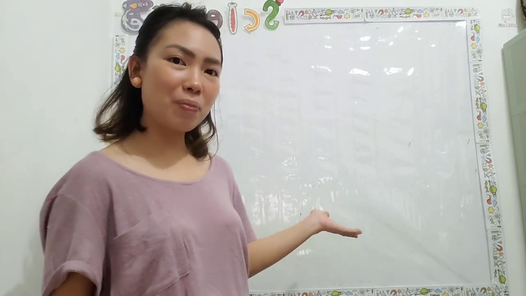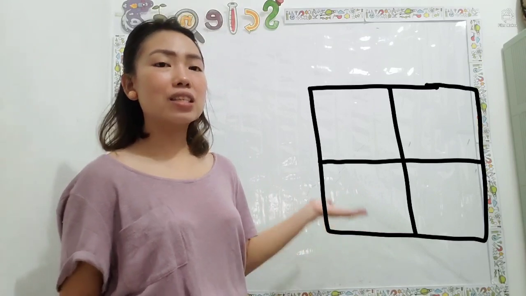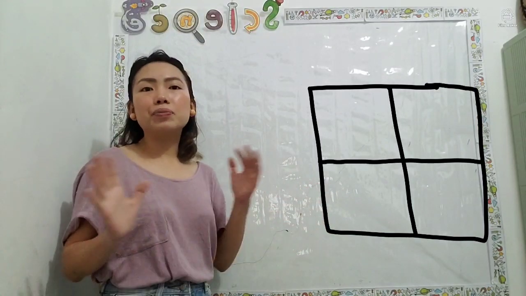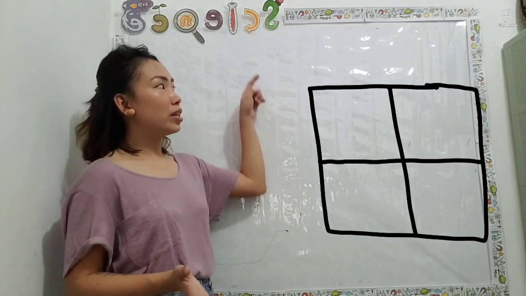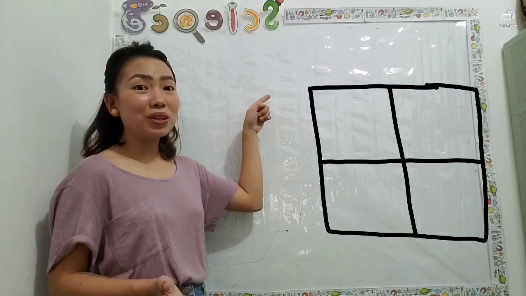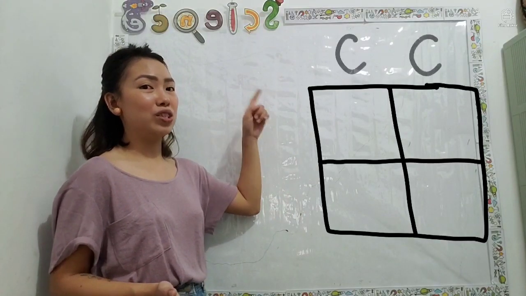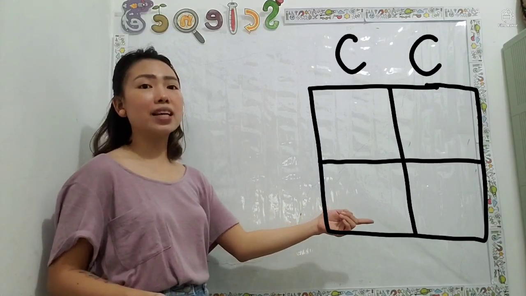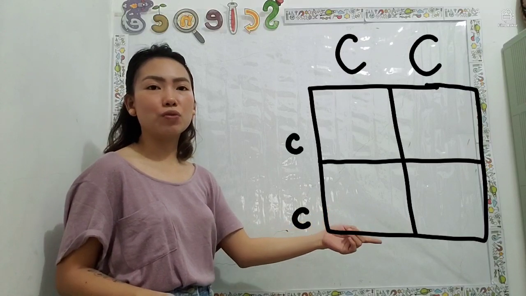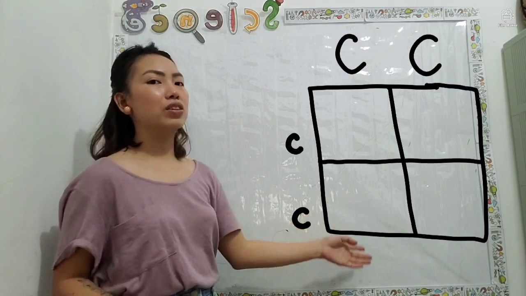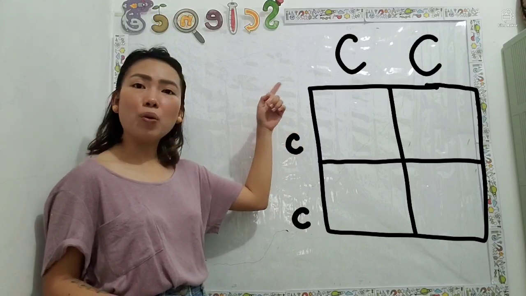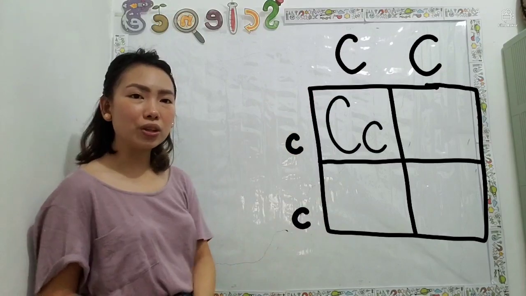So, again, using the Punnett square, let us crossbreed a curly hair and a straight hair. So, let us put the dominant at the top, which is capital C and capital C, and on the side, let us put the recessive, which is a small letter C and another small letter C. On the first box, we'll have capital and a small letter.